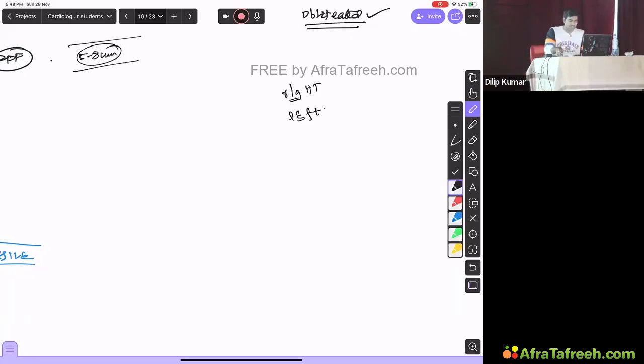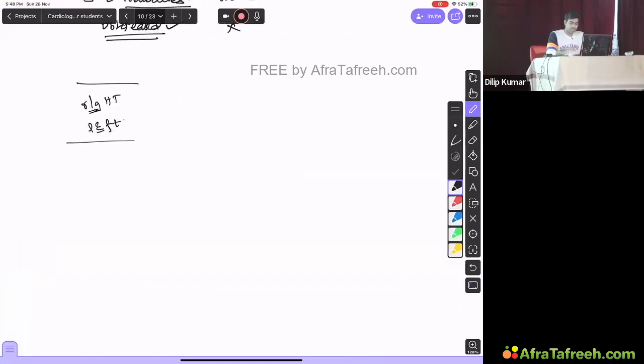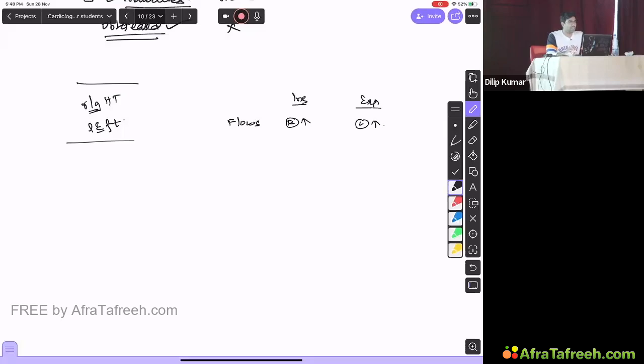One more interesting thing I will tell you. What happens during inspiration and what happens during expiration? If you talk about the flows per se, the right-sided flows are increased with inspiration, whereas the left-sided flows are increased with expiration.